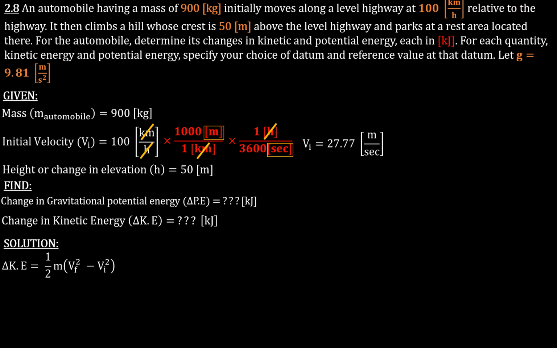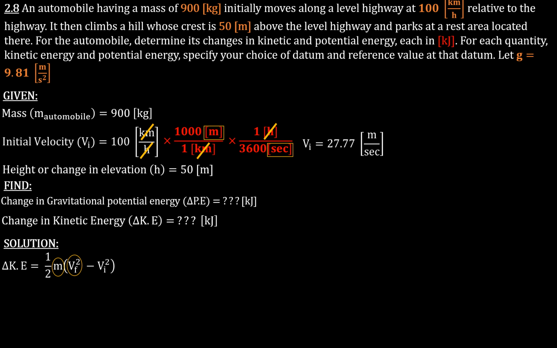So what's the solution? First let's write down the change in kinetic energy equation, 1/2 m v squared. The mass is given, and the final velocity is given to us, because the problem tells us that the automobile climbed a hill whose crest is 50 meters above the level highway and parked at the rest area, so the vehicle velocity becomes 0.